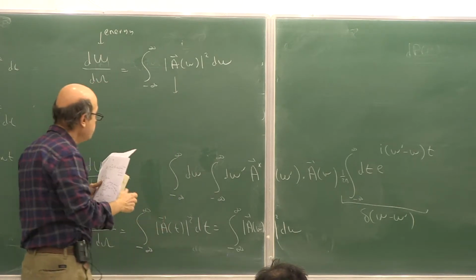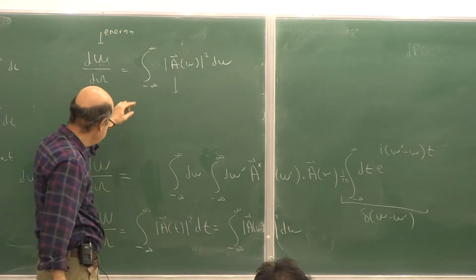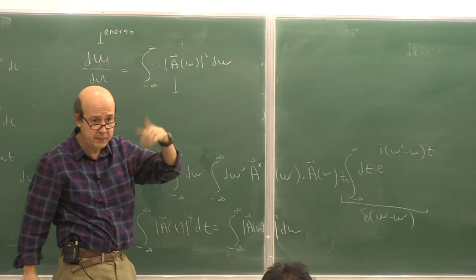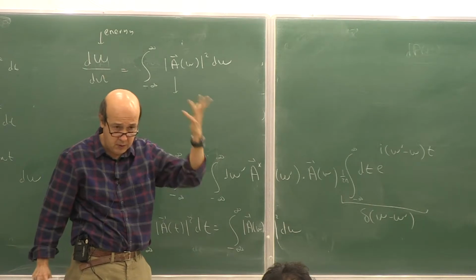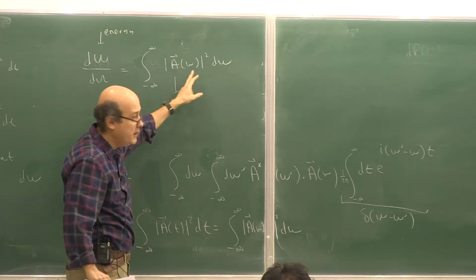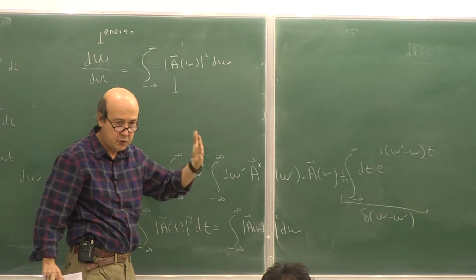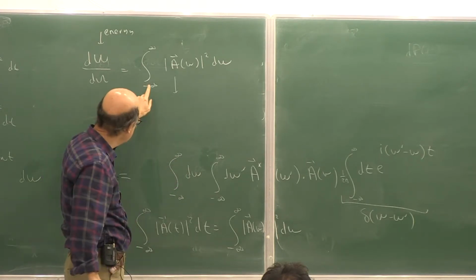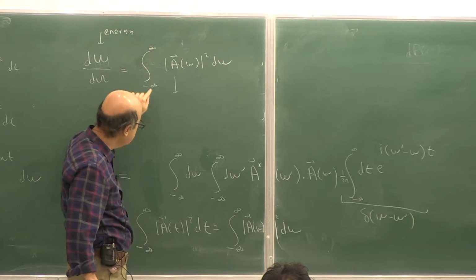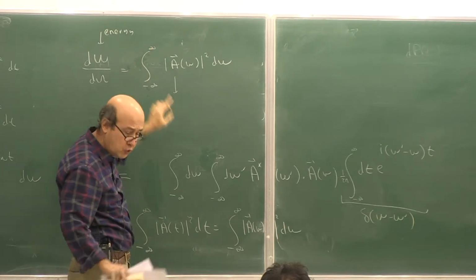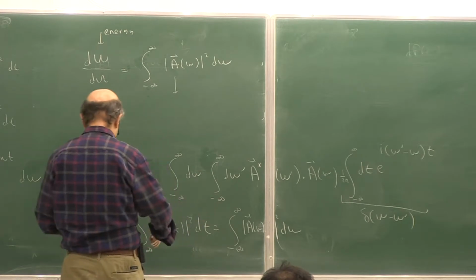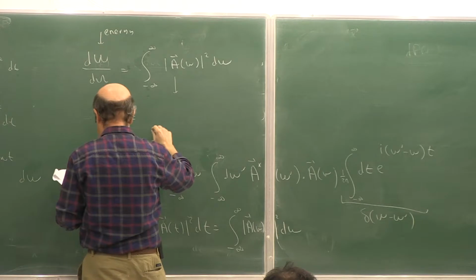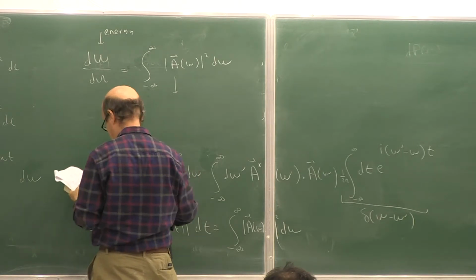One thing I have to tell you: this minus infinity to plus infinity means minus infinity to 0 plus 0 to plus infinity, but this is an even function. The square of the Fourier transform is an even function. That means this is equivalent to 0 to infinity times 2.